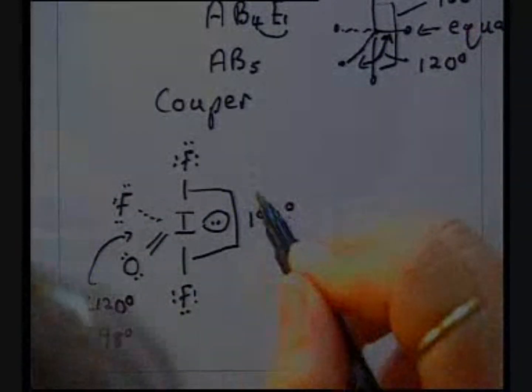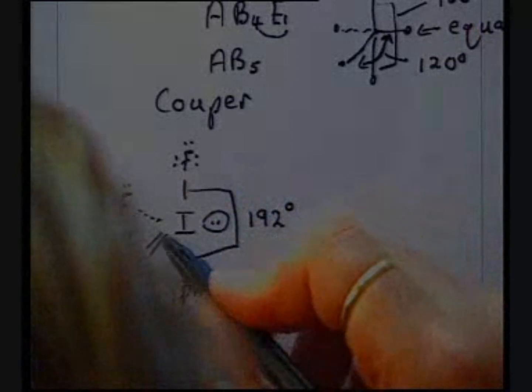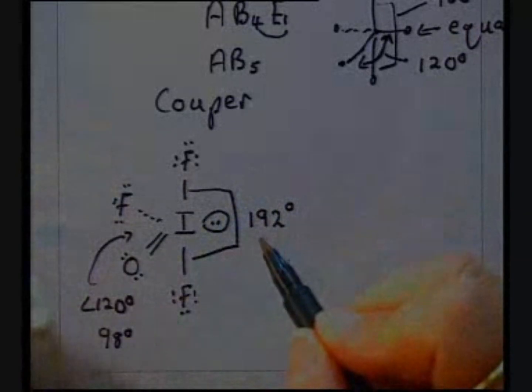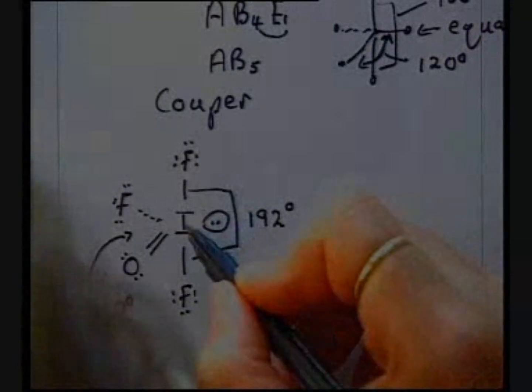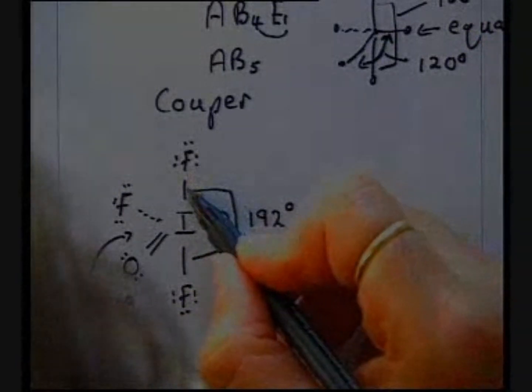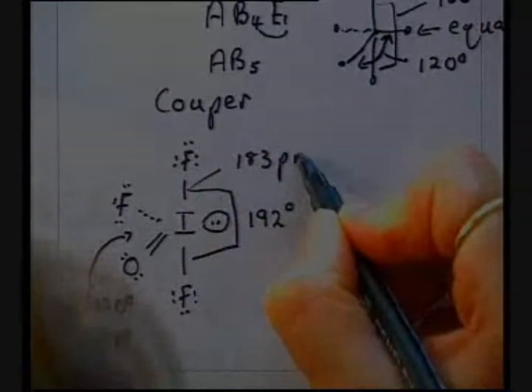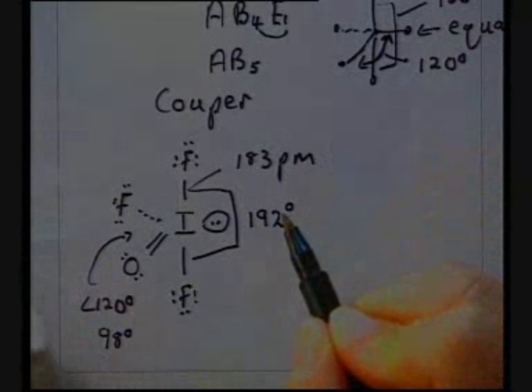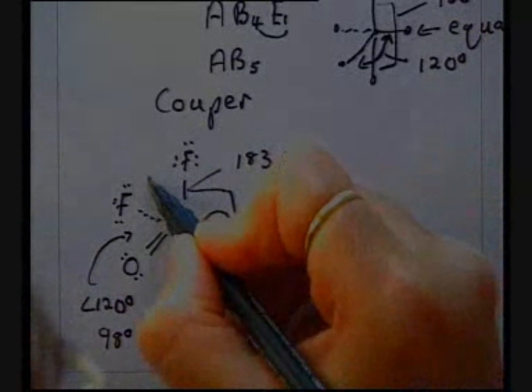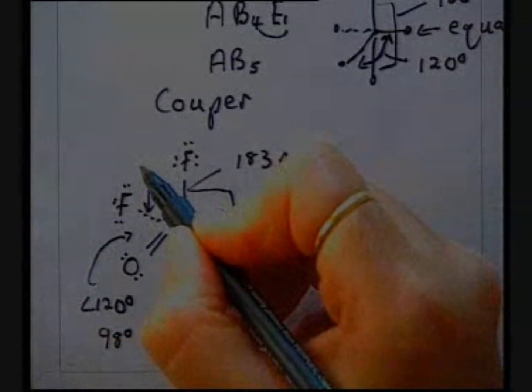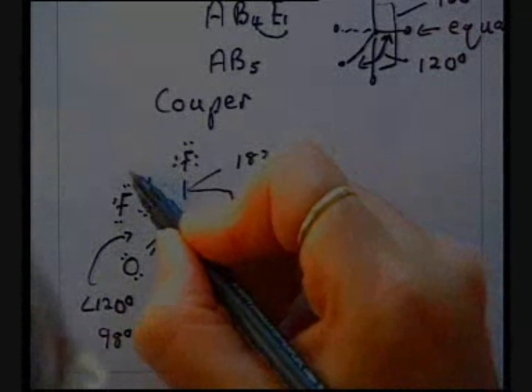We expect different bond lengths in the axial and equatorial positions. In the axial position, we expect the iodine-fluorine axial bond length to be a bit longer, and this is measured as 183 picometers, while the iodine equatorial bond length is measured as 174 picometers.